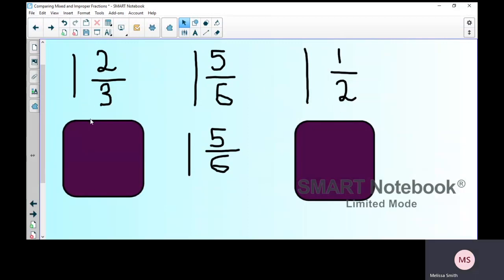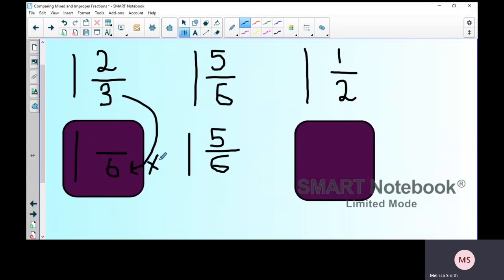So how do I do that? Well, let's write the whole, because the whole stays the same. And I already know that I want my new denominator. I'm turning my thirds into 6. So here we go. What do I do to 3 to get to 6? What do I multiply it by?